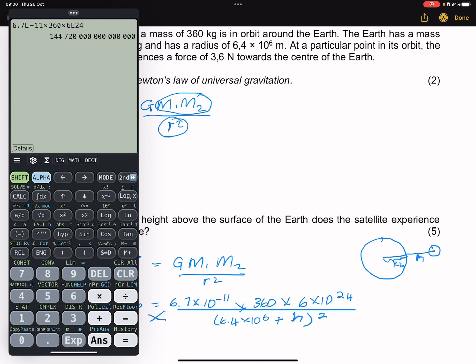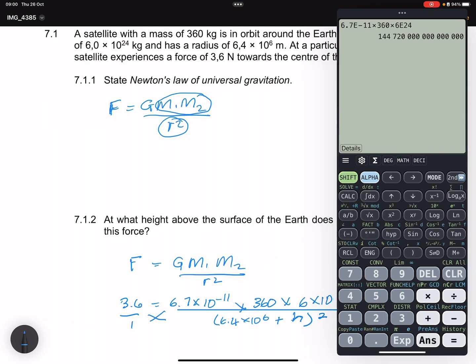I love using that exponent button because it makes things a little bit easier. That's what we get as our product, and then we divide by that 3.6, which is the force.